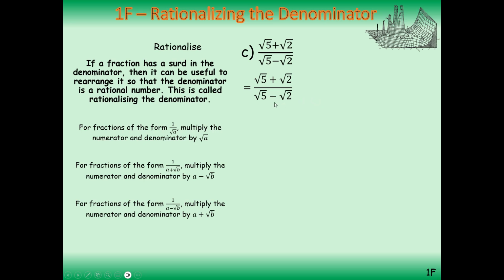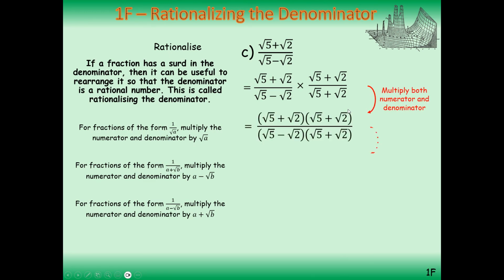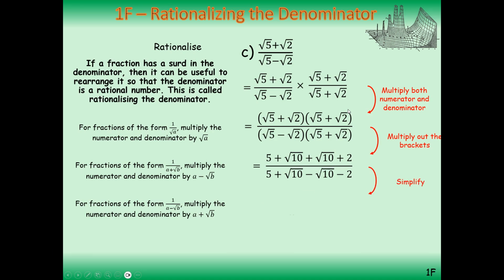Well, the denominator has a minus sign in front of root 2, so you take its conjugate, and it will be root 5 plus root 2 over root 5 plus root 2. So then going through the motions and expanding the bracket, you end up with 7 plus 2 root 10 over 3.